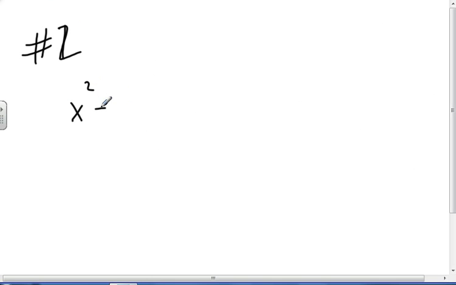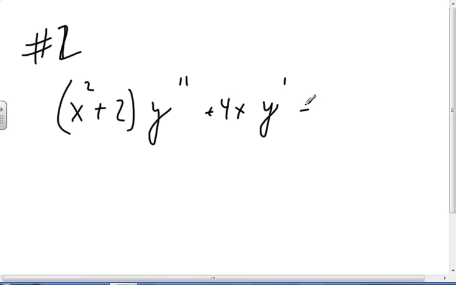So I have x squared plus 2 times y double prime plus 4x y prime plus 2y is 0.